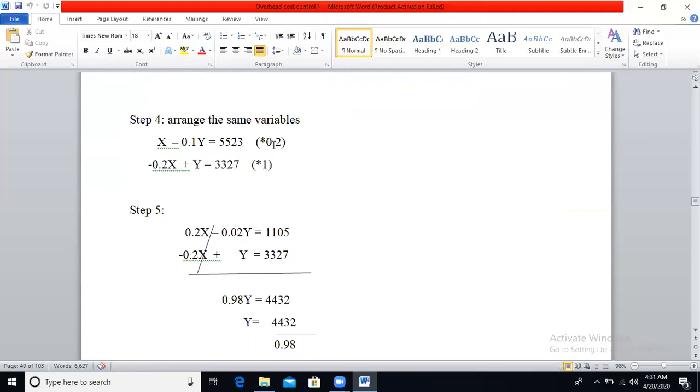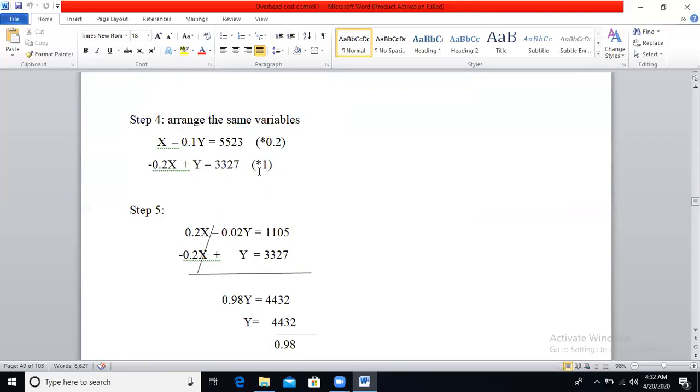So for the first equation, 0.2 into X, 0.2X, plus into minus, minus, 0.2 into 0.1Y, 0.02Y is equals to plus into plus 0.2 into 5523, 1105.